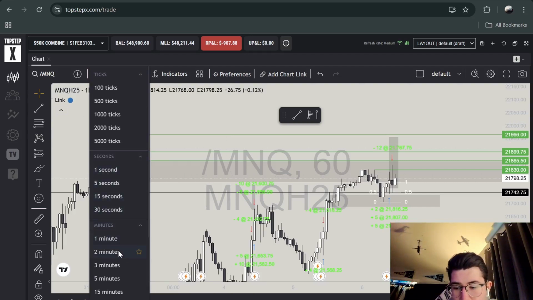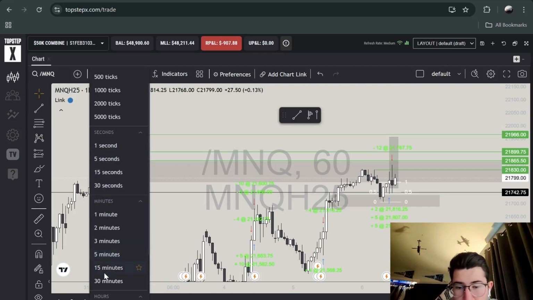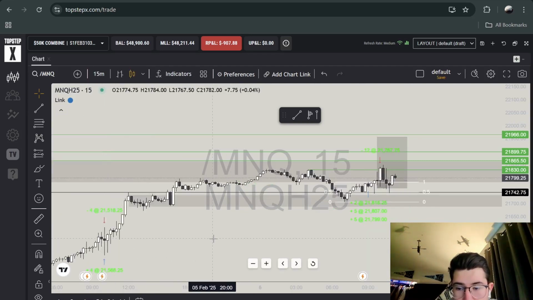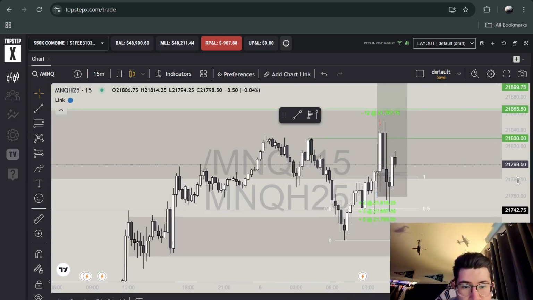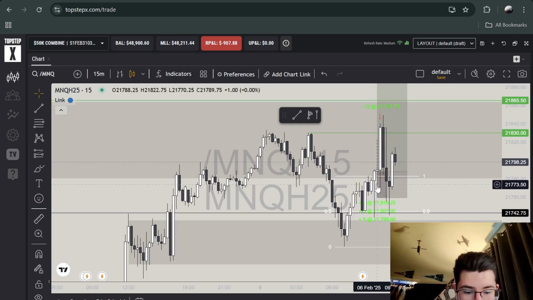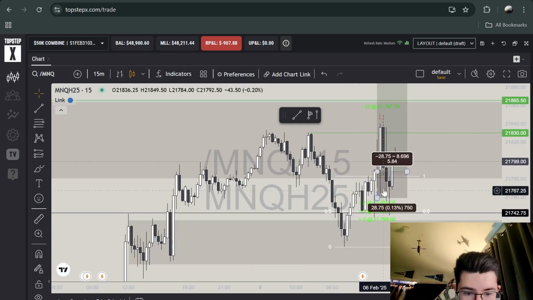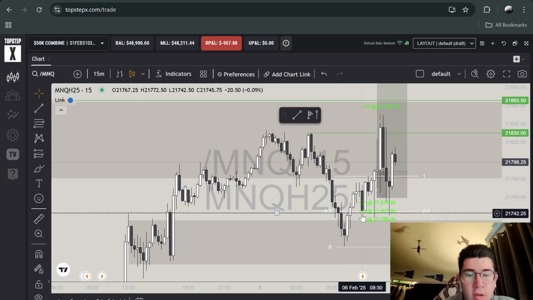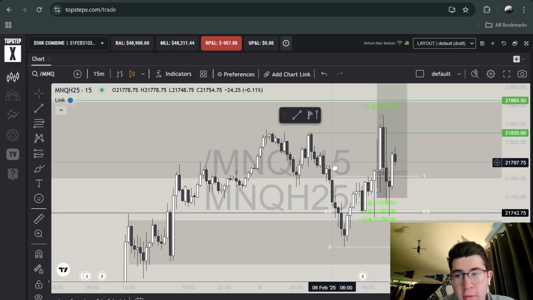But regardless, after that, I went to the 15 minute, and on the 15 minute, I marked out the equilibrium level. From this low to this high, which is where market was, and we saw price come down, sweep this 15 minute liquidity, and I looked for an entry on the 5 minute or 1 minute.